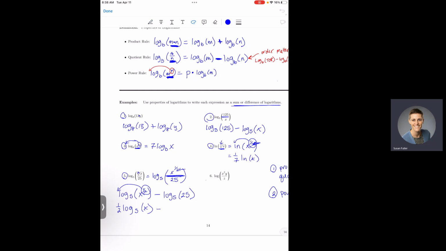What this really means, log base 5 of 25, this says 5 to what power gives you 25? And the answer is 2. So log base 5 of 25 is just 2 because 5 to the second power gives us that 25. So if you can simplify like that, go ahead and do that.